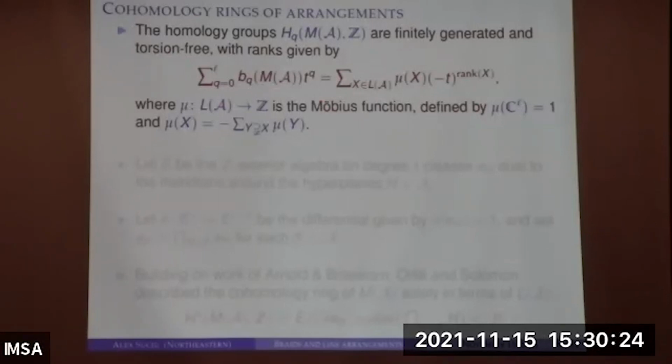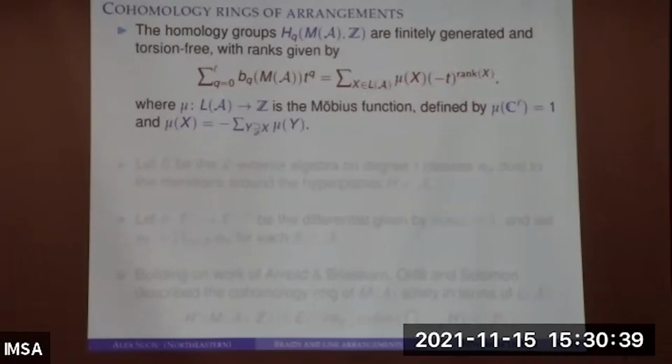The left side is the Poincare polynomial of the arrangement, and the right side is again a polynomial, where these are the ranks, this is for the flats, right?